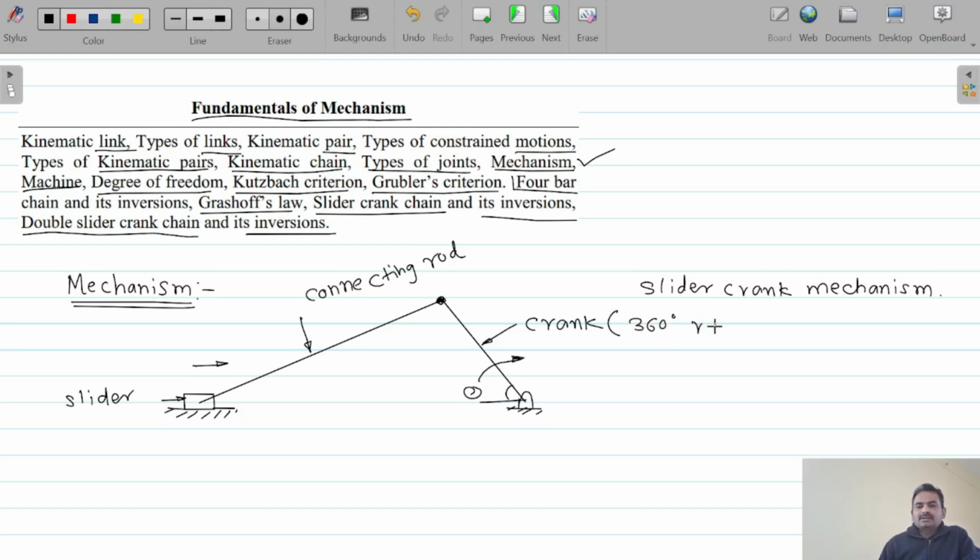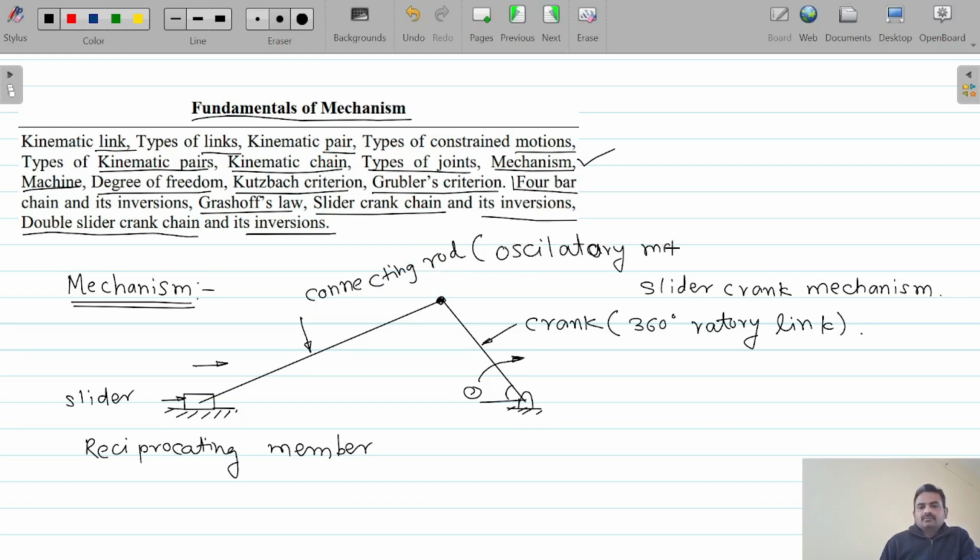It is a rotary link, whereas the slider is a reciprocating member. And what is the connecting rod? The connecting rod connects the slider with the crank, and the motion of this connecting rod is oscillatory motion, which oscillates.